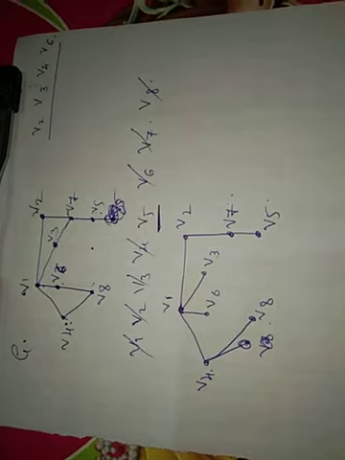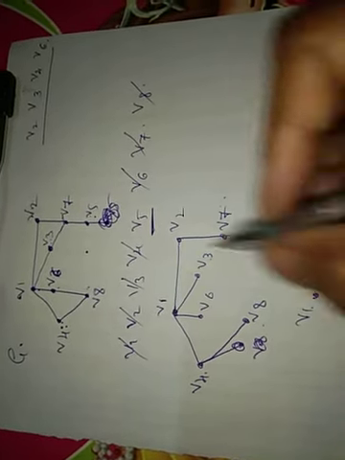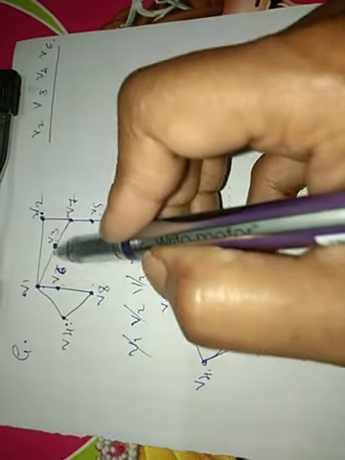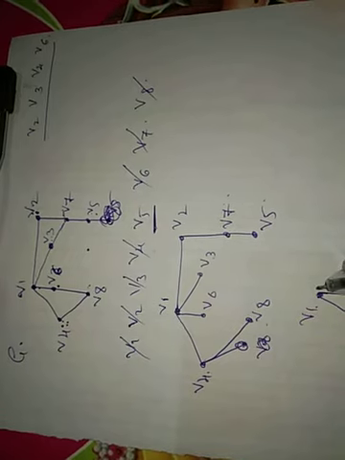Is it clear? First we have taken the vertex V1. For V1 adjacent vertices are V2, V3, V6, V4. So we joined those vertices.